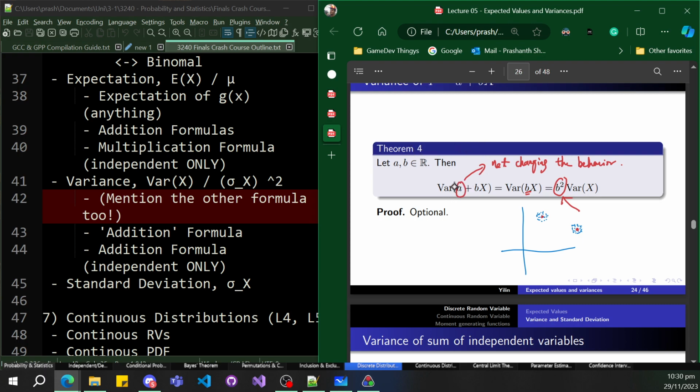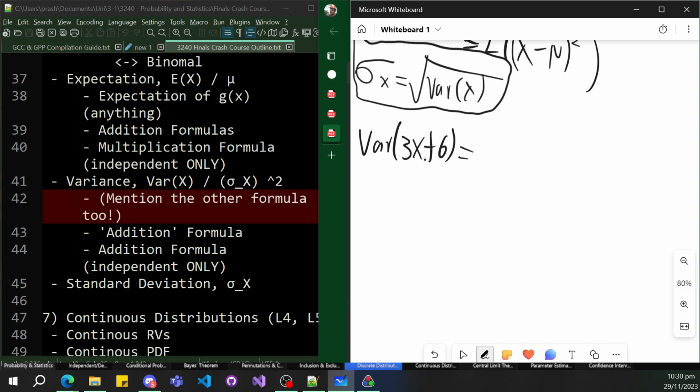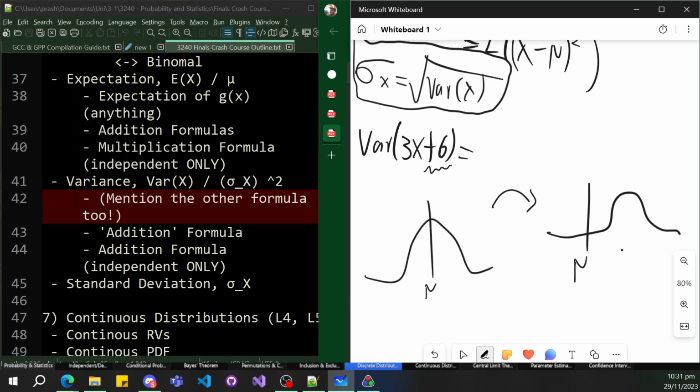Now, according to this formula, we're right now at this stage. And if you think about it, this plus 6, if our original data was, let's say, like this, with our original mean mu here, once we add 6 to every single value, all it does is shift everything over by a certain amount. This becomes mu plus 6, because every value got added by 6.